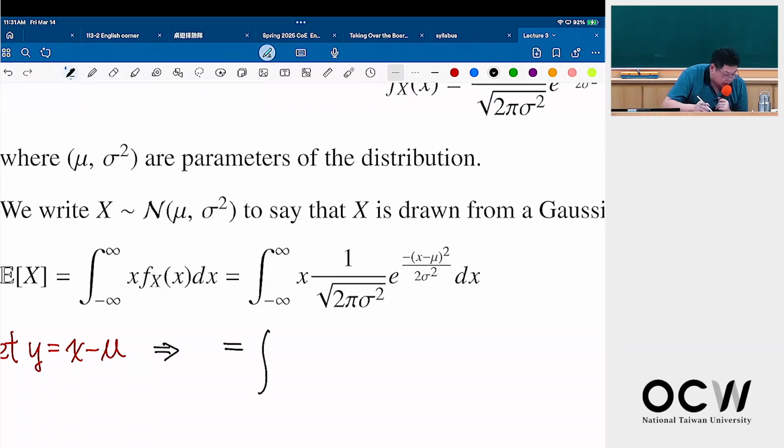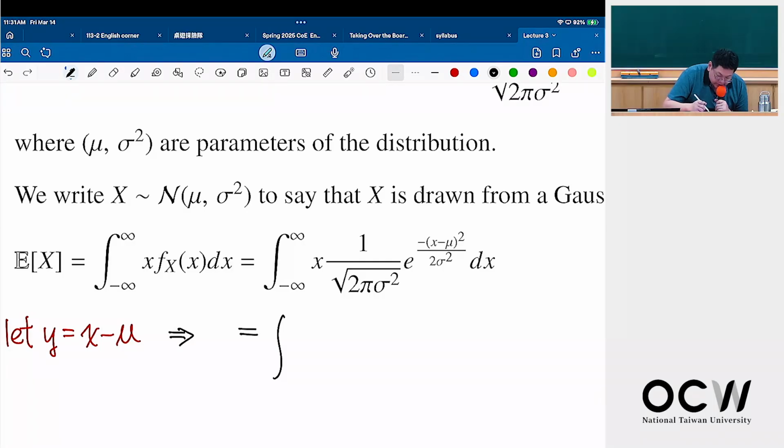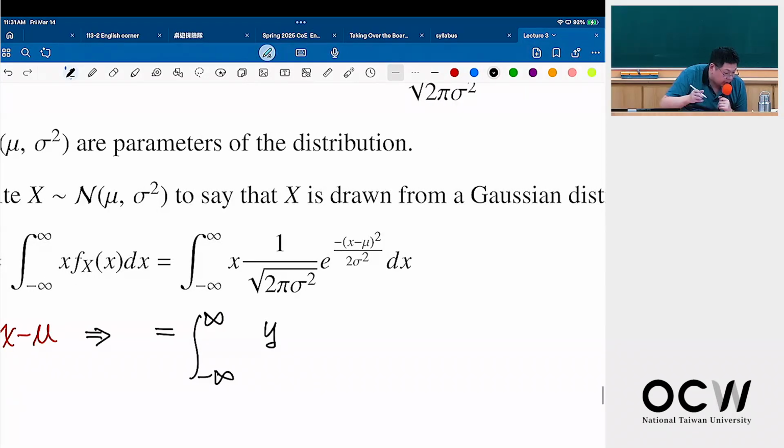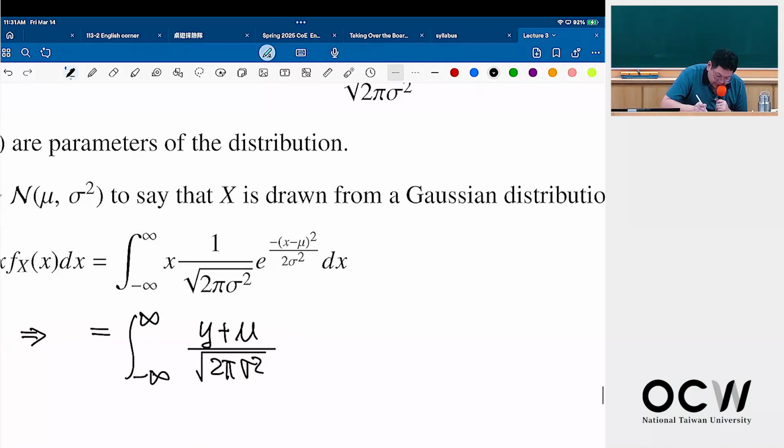Then the integration dy equals dx, and y is still from minus infinity to infinity. And here we have y plus mu over the square root of 2 pi sigma squared, e to the minus y squared over 2 sigma squared dy.